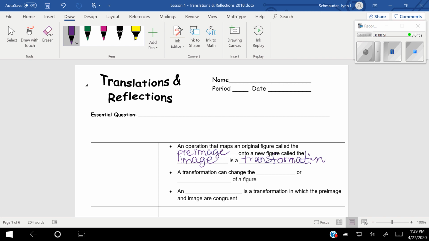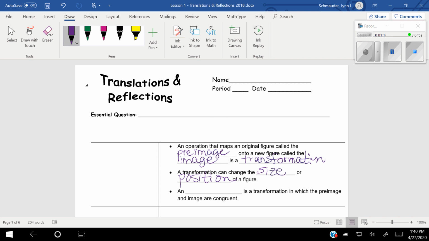And what can a transformation do for you? Well, it can change the size or shape. Well, I take that back. I don't want to say shape. It can't change the shape. It can change the size or position of a figure.